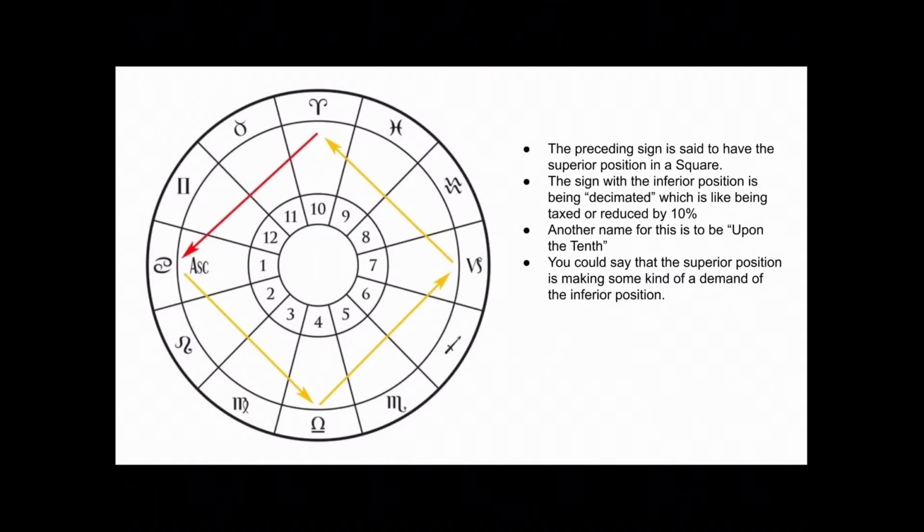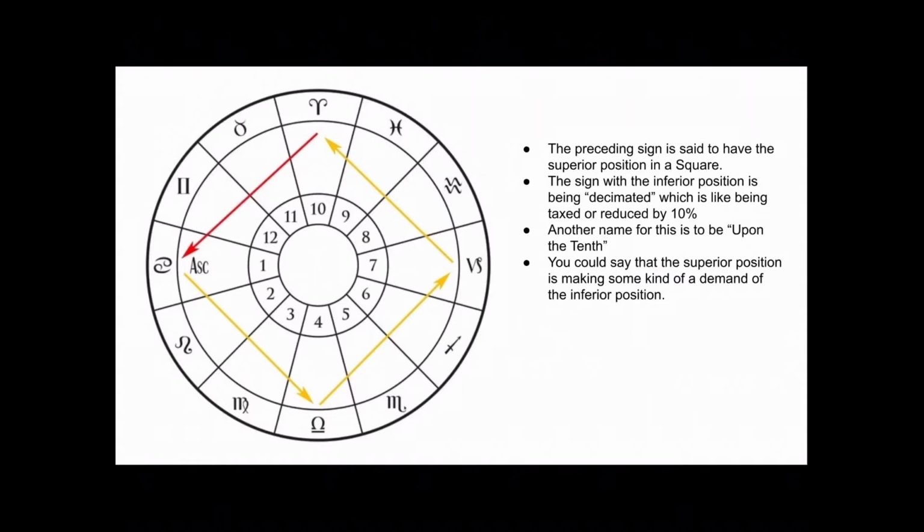So I think in a way you can look at the square as, instead of being this even exchange, like one sign is placing a demand on the other almost, right? And that's where you get this thing about being decimated. Decimation, in Roman military terms, to decimate an army would be to kill 1 out of 10 men.